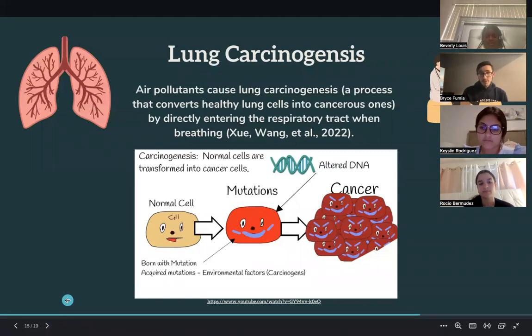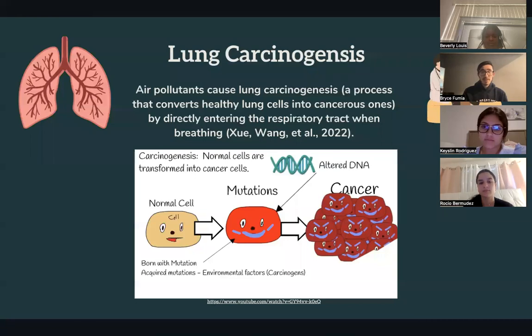When doing our research, we noticed two of the most important topics that came up numerous times in most, if not all, of the air pollutants and chemicals that are found in everyday air. These two topics were lung carcinogenesis as well as oxidative stress. In terms of lung carcinogenesis, this occurs when air pollutants cause lung carcinogenesis by directly entering the respiratory tract when breathing.